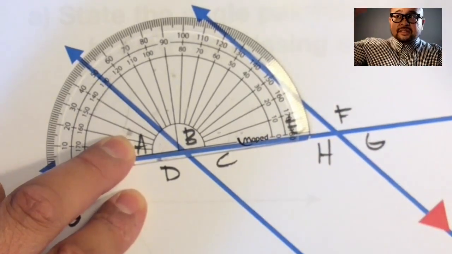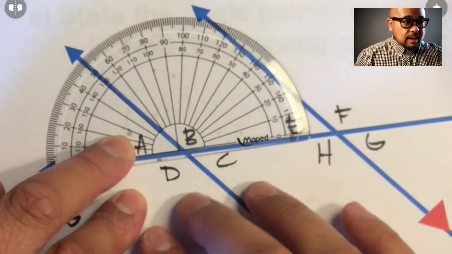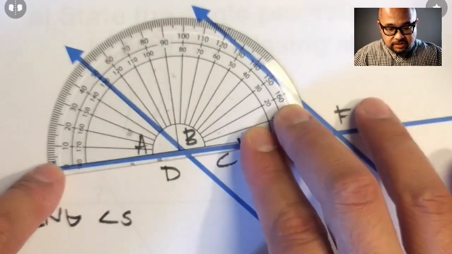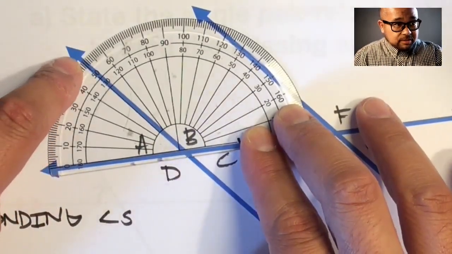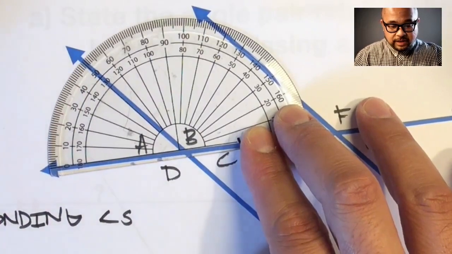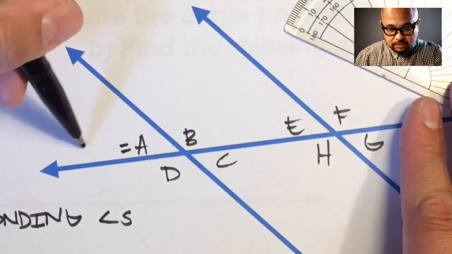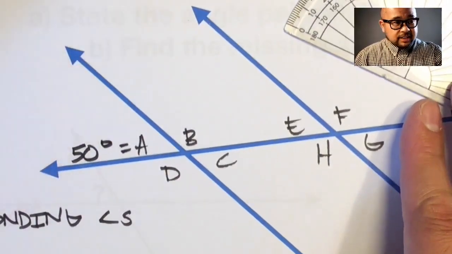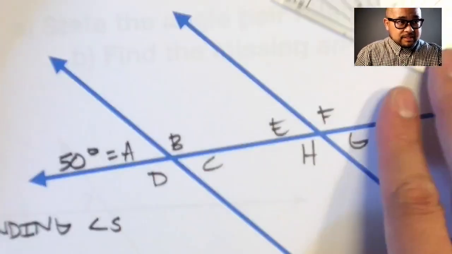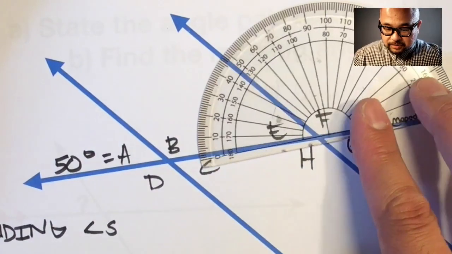So it looks like angle A is, here's 0 degrees, and then the blue line goes right through that 50 degrees. So angle A is 50 degrees. So let's actually put equals 50 degrees. Now let's measure angle E, because angle E is its corresponding angle.